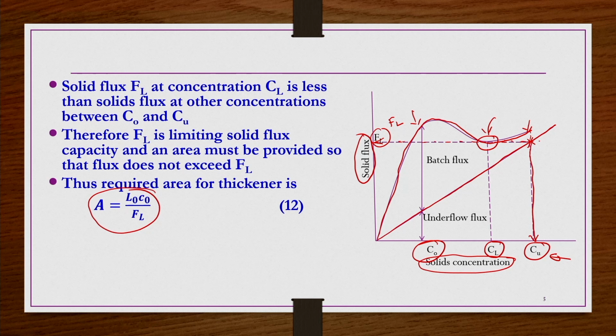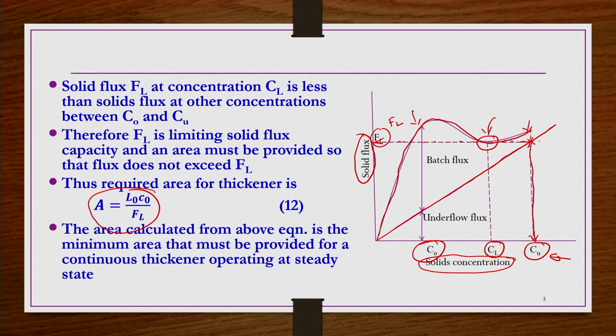So, if you find Fl, you can directly calculate the area using L naught C naught divided by Fl. The area calculated from the above equation is the minimum area that must be provided for a continuous thickener operating at steady state.